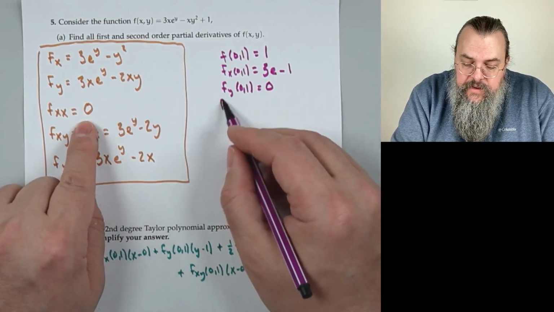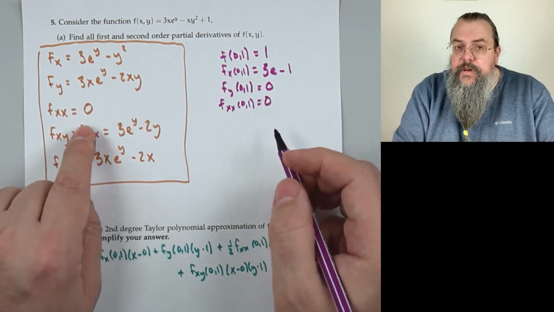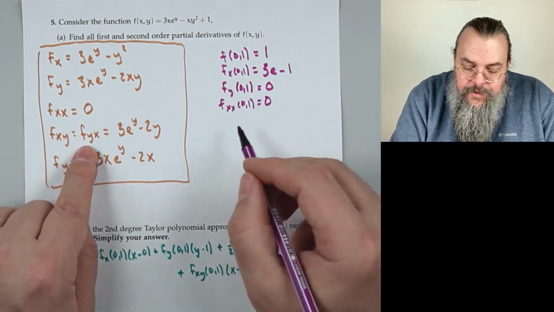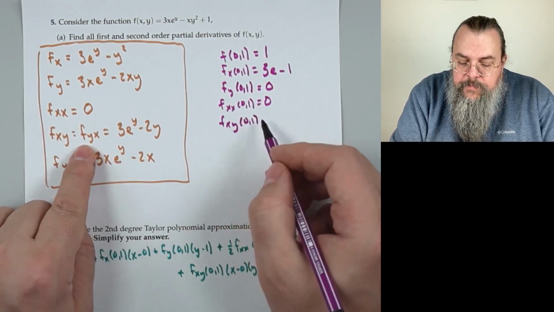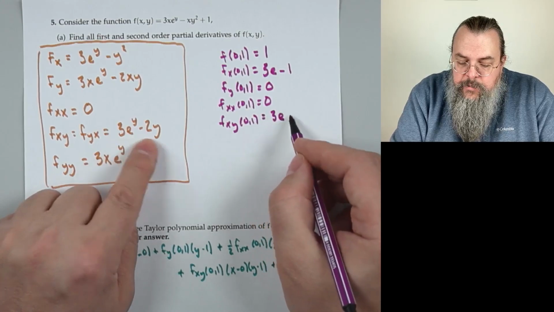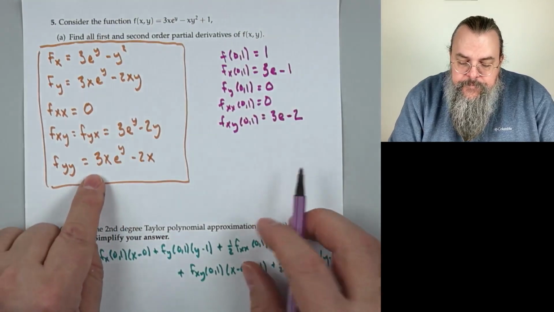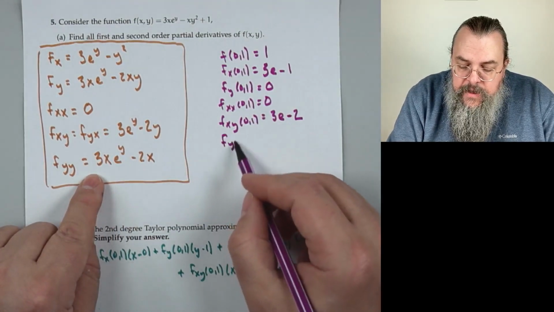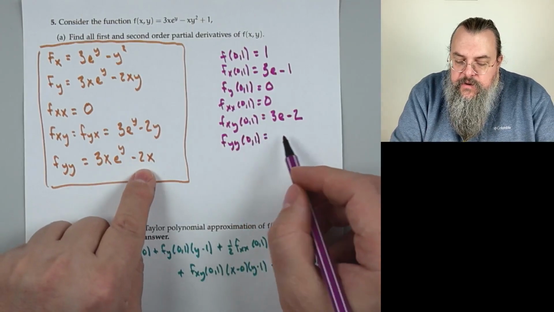F sub xx at 0, 1 is 0, just because everything is 0. It doesn't really matter. Fxy at 0, 1, well, that's 3e minus 2. All right. Fyy at 0, 1, well, is 0 and 0.